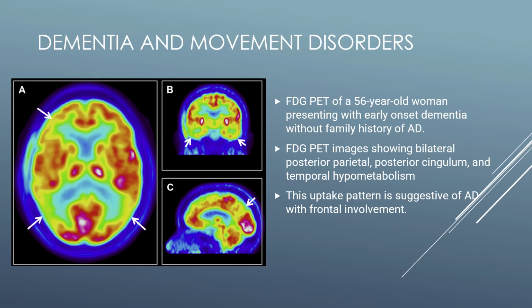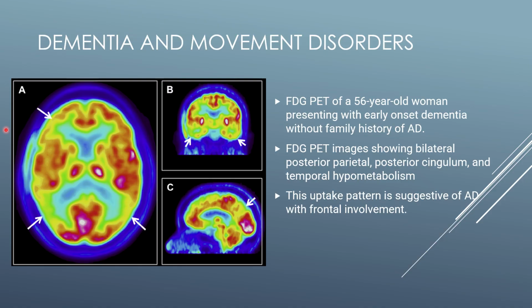And this is a case example of a 56-year-old woman who presented with early onset dementia without a family history of Alzheimer's disease. The FDG PET images show bilateral posterior parietal, posterior cingulum, and temporal hypometabolism. So you can see it using the white arrows.